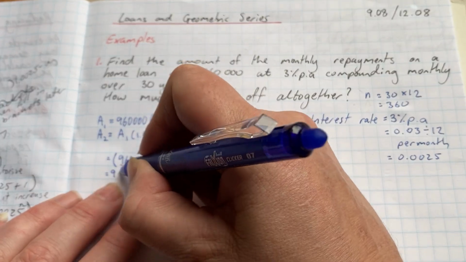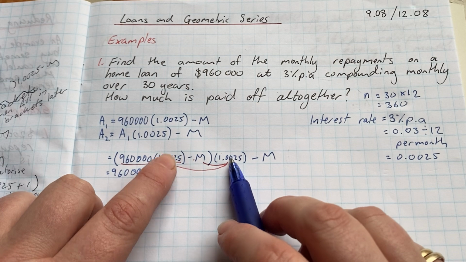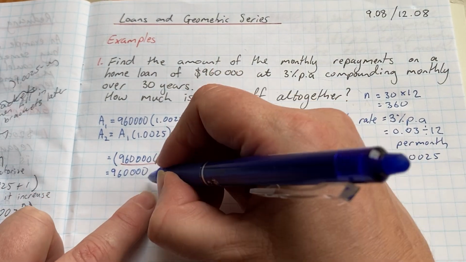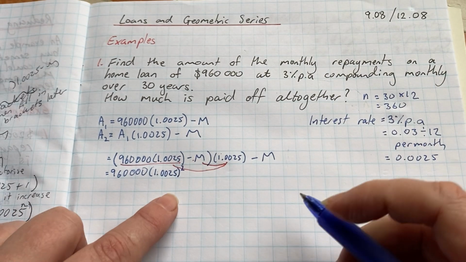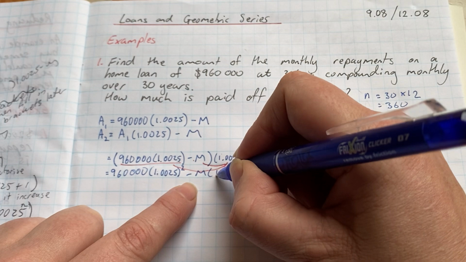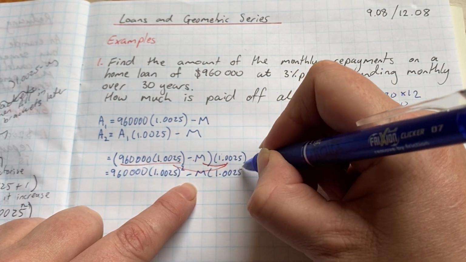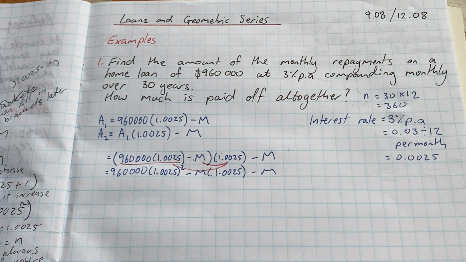It's 960,000 times that, so it's that squared. Okay, so 1.0025 squared, minus M times this, 1.0025, minus M. Okay, and now we do the same thing again, one more month.